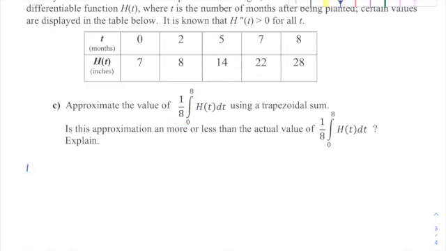So 1/8 integral from 0 to 8 of h of t dt is approximately, I like to write approximately because we are estimating. If you write equals on the AP, that is fine. 1/8 of, and now I'm going to do that whole trapezoidal sum for the definite integral on the inside.